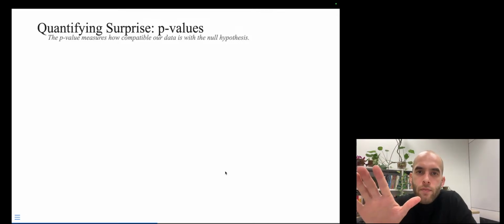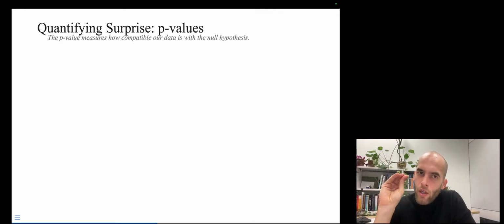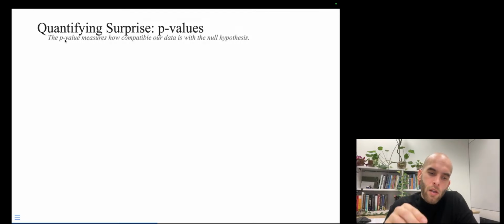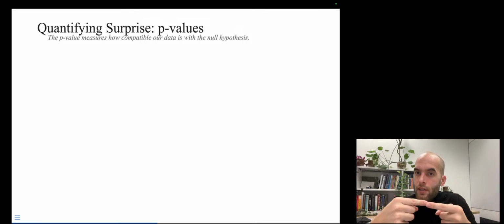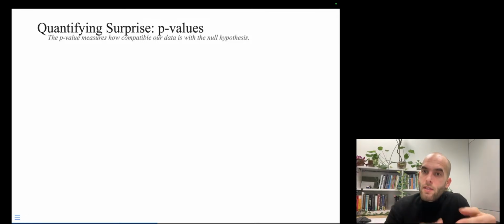The way we do this, and we're going to talk about some of the limitations, since this is an often misused technique, is what we call a p-value, which is a way of quantifying the level of surprise we get if our hypothesis were true. So we see the data, we have a null hypothesis. How surprising is our data given that null hypothesis is true?